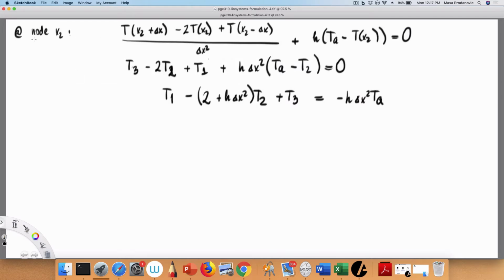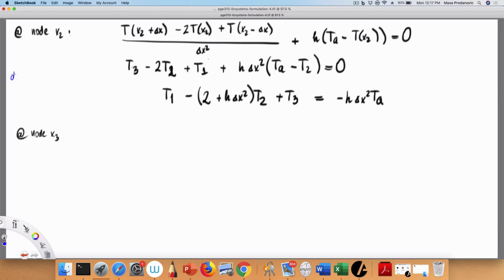Okay, so at my node x2, I got something like this. This is what we wrote down last time at node x2. Who can tell me what's going to happen at node x3? This is very similar, but I'm going to write down the equation.